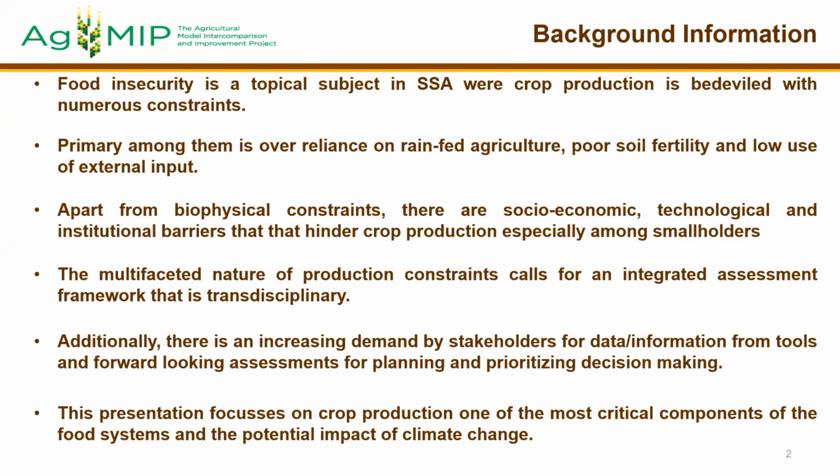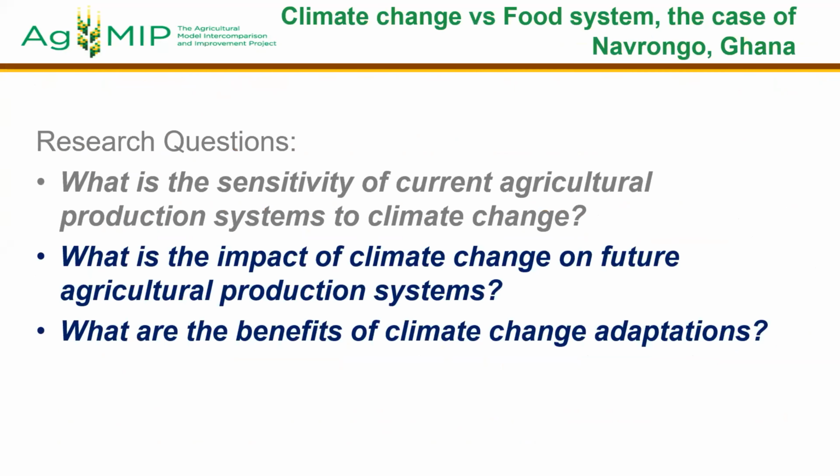So this presentation is going to focus on the crop production component of the food systems and how this is interrelating or will relate with potential impacts of climate change.